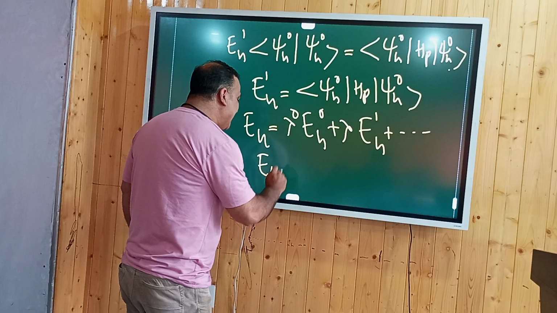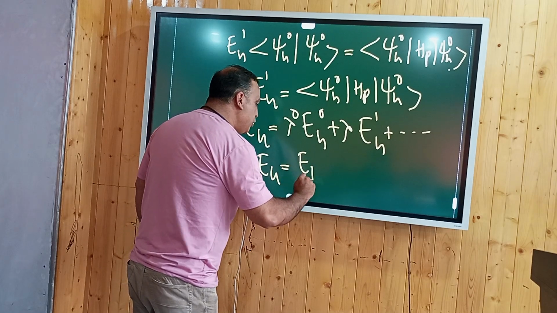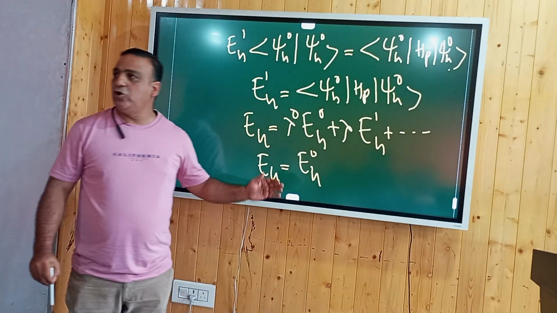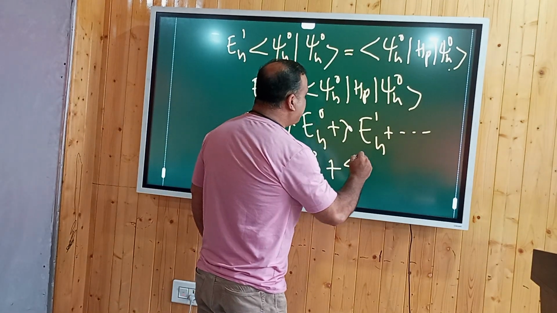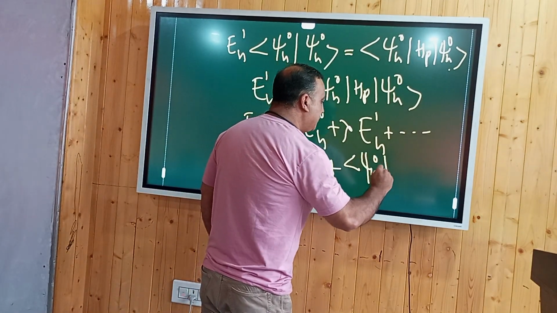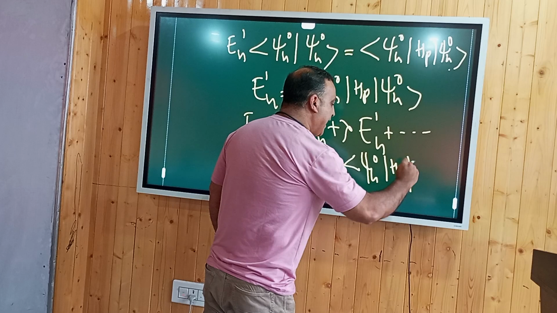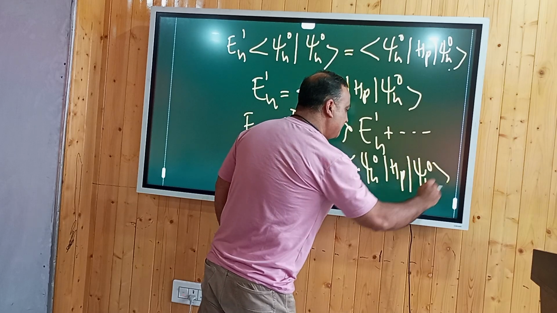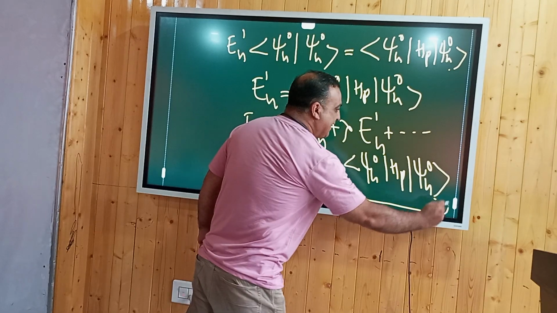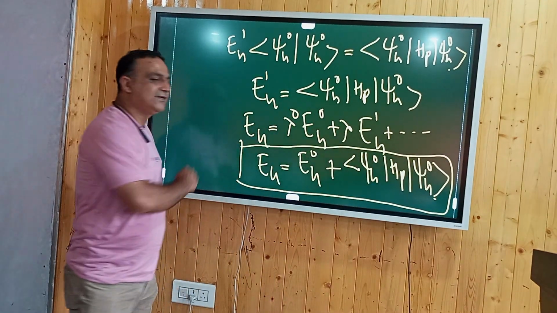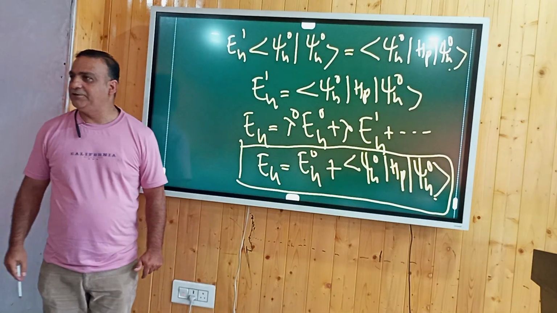That will be En equals En0, which is exactly calculable, plus the matrix element of ψn0, HP, ψn0. So this equation will lead us to the first order correction to the energy.